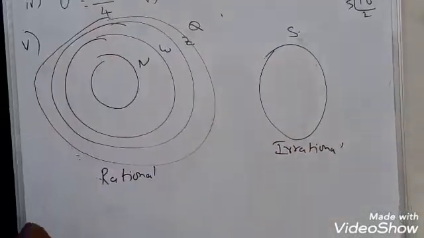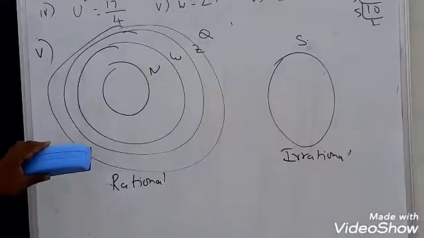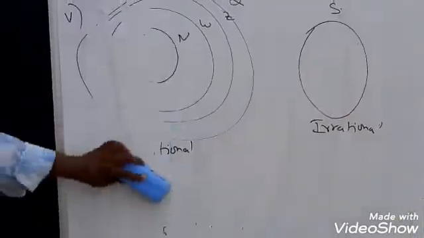The set of rationals and irrationals together are called real numbers.